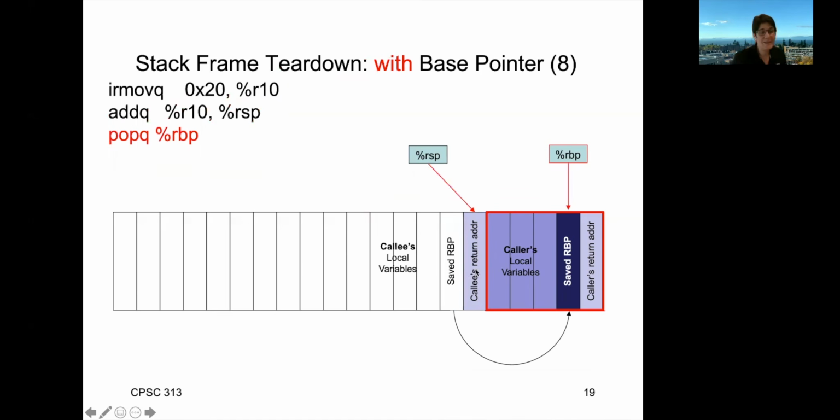And now we're basically in a state where we're ready to return to the caller. And so now we're right back where we started. So these are the two different ways that you can implement calling conventions between callers and callees and make sure that your compiler generates code that lets you access all the variables that you need to access.